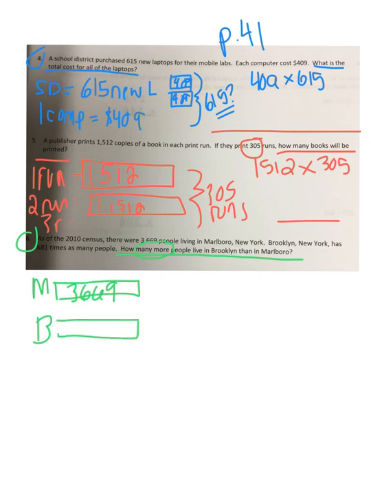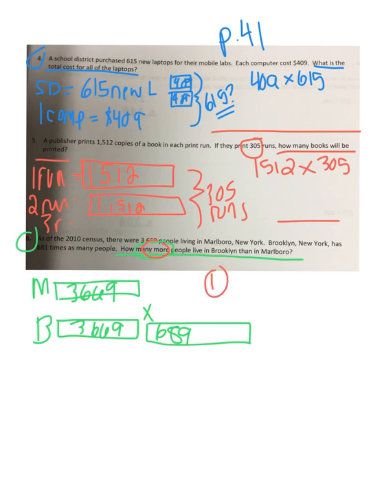So they have the same amount, but times 681. So what that means is I see 3,669, 681 times. That's a lot. Okay, so it wants to know here how many more people live in Brooklyn than in Marlborough.